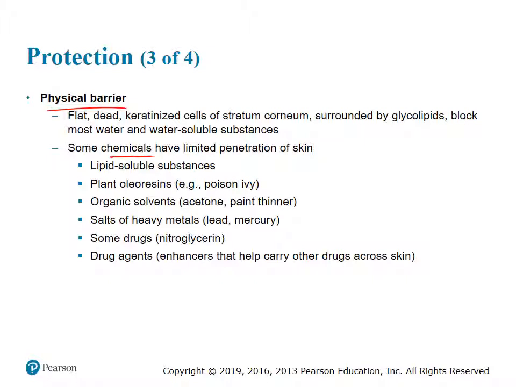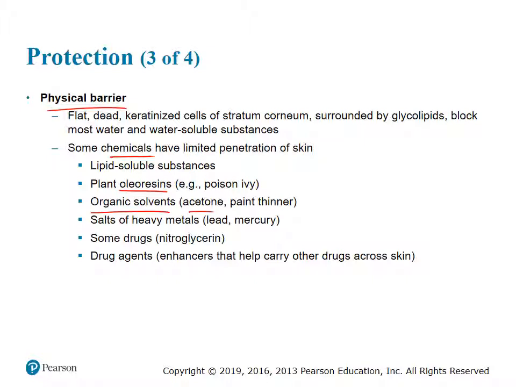But some chemicals do have the capability of entering our skin if that chemical is lipid soluble, right? So the keratin blocks water, but will allow things that are kind of lipid based to come in. Some of these chemicals are called oleoresins, like poison ivy, we talked about chemicals like that. That's kind of a lipid based chemical. Poison ivy can go through the skin.